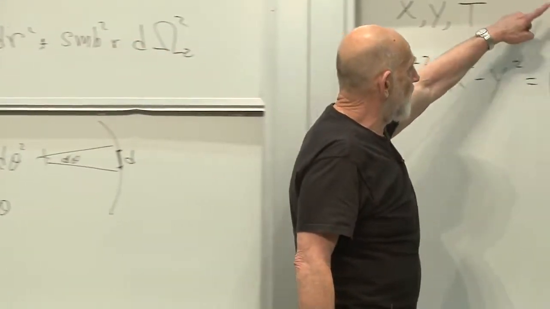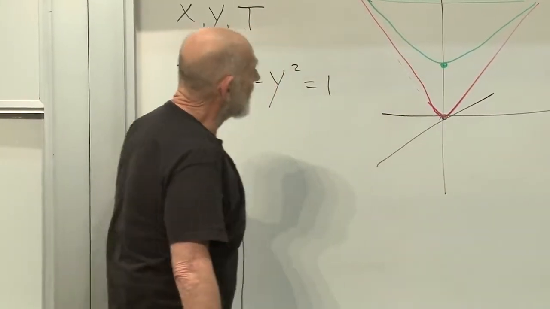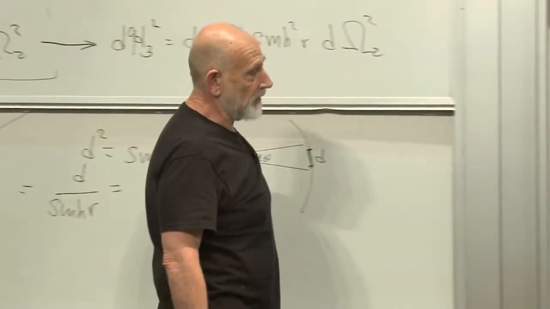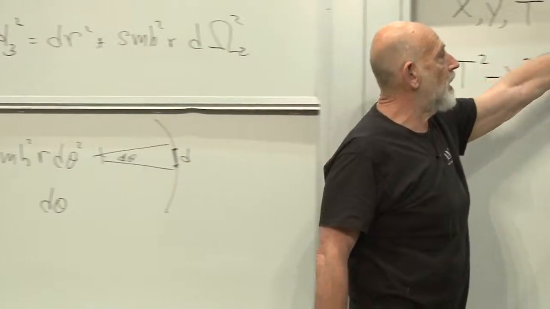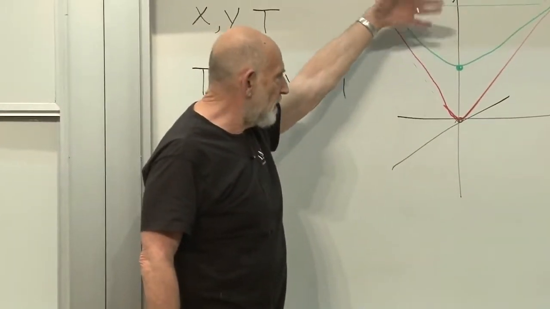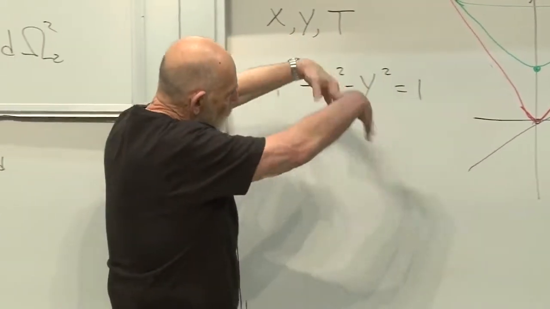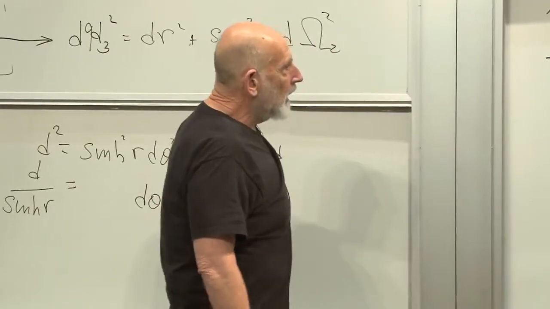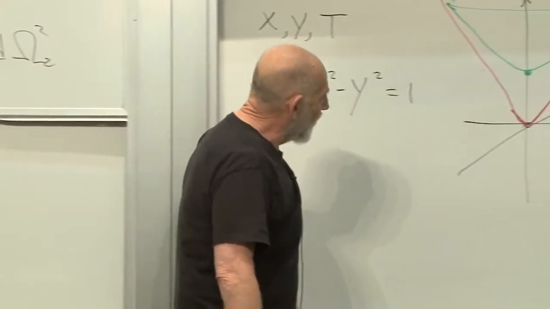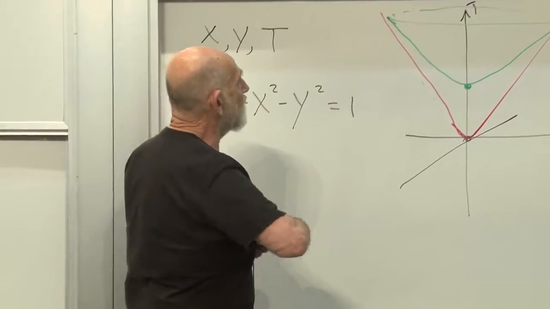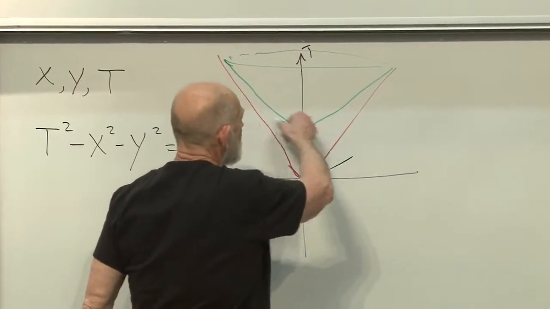You measure distances on here using the relativistic metric, pretending that this was time. It's not time. It's just an embedding space to draw a hyperboloid. If you do things that way, then this hyperboloid is absolutely uniform.